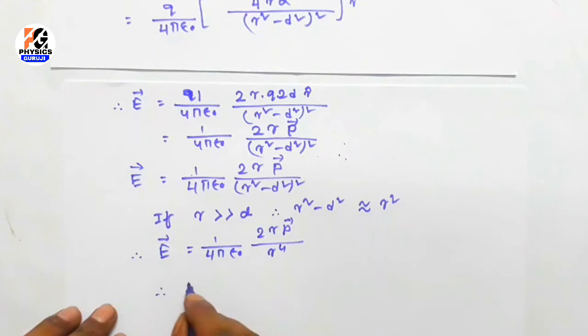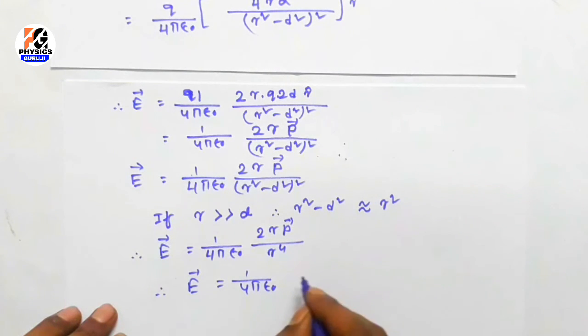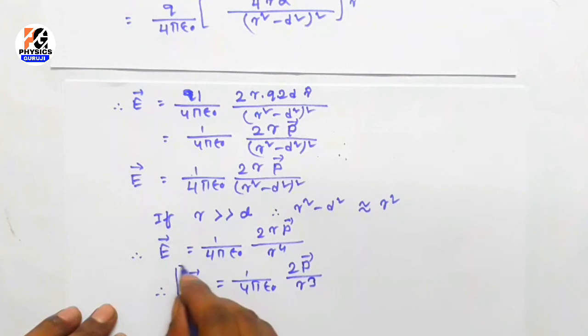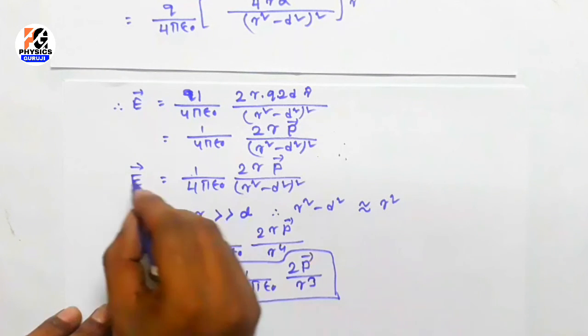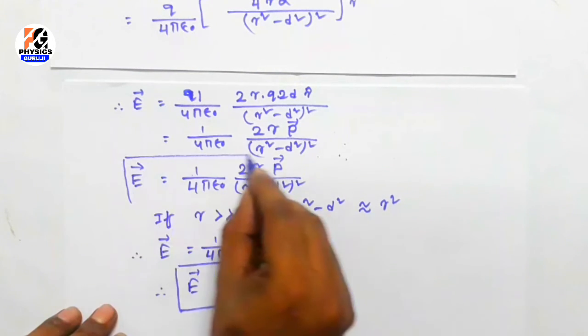Therefore the electric field E is equal to 1 by 4 pi epsilon 0 into 2p by r to the power 3. So this is also the electric field due to a dipole.